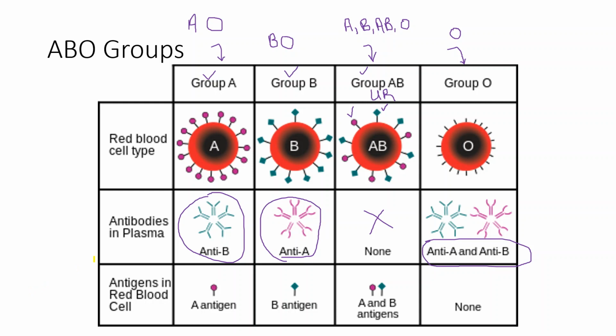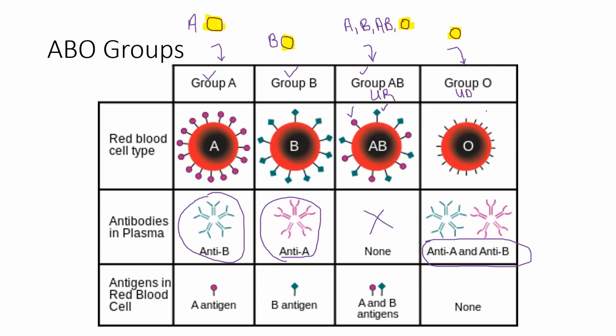Now let's take a look at our universal donor. What group was able to donate to everybody? Type O is our universal donor.